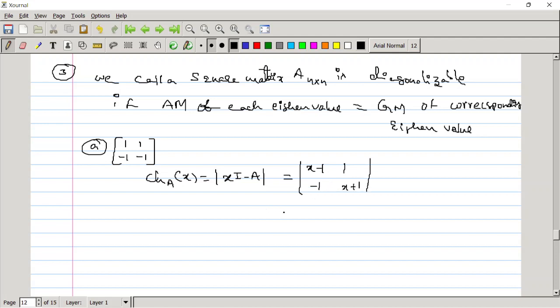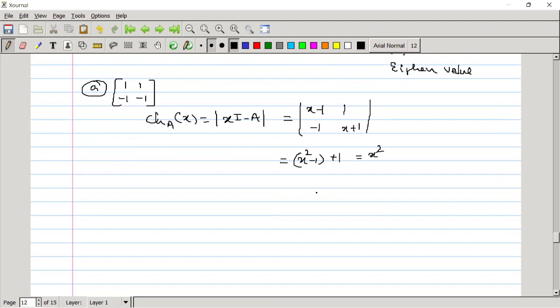The determinant of this matrix is x square minus 1 plus 1. So the characteristic polynomial is nothing but x square, and from this you can say that the eigenvalues of this matrix are zeros only.